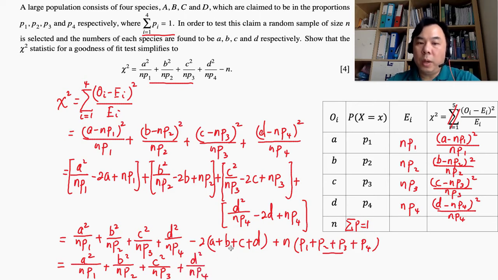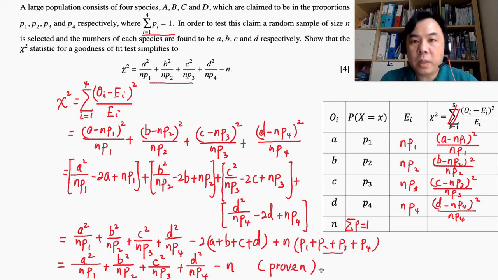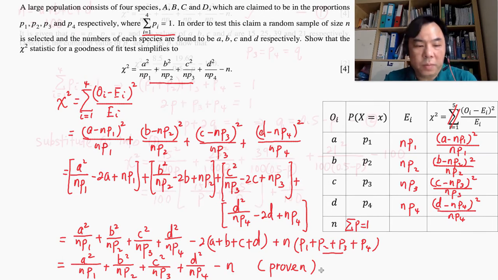Okay, negative 2n plus n definitely is an n here. Therefore, we managed to prove the chi-square expression that represents this particular goodness of fit test. All right? So I hope that is clear at this point. All right, now stay tuned. I'm going to move on to the second section shortly.